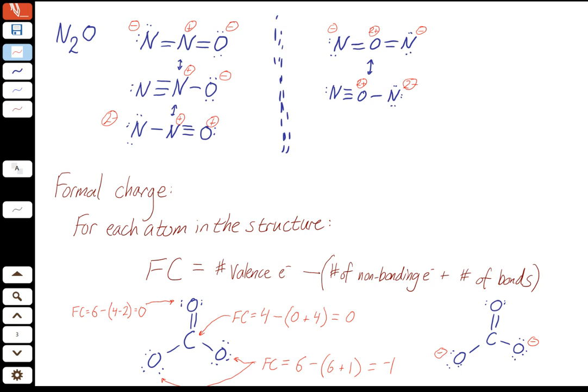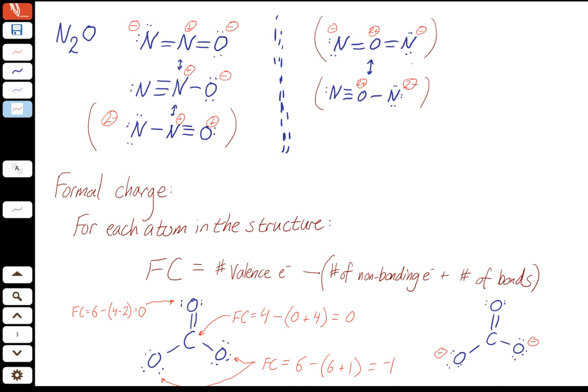But this already answers a big question of ours, which was which of these two ways of putting the structure together is correct. And this really shows us that the way on the right, NON, can't really be correct. That can't be the proper connectivity. There wasn't really a good way of knowing that without looking at the formal charges, because just looking at the electron counts, they looked fine. And actually, that one might have looked a little better because it was nice and symmetric.